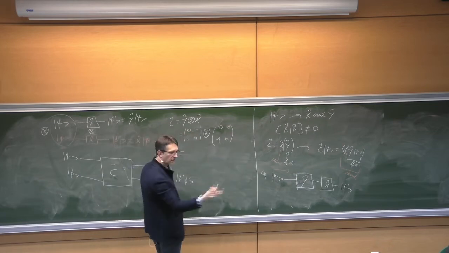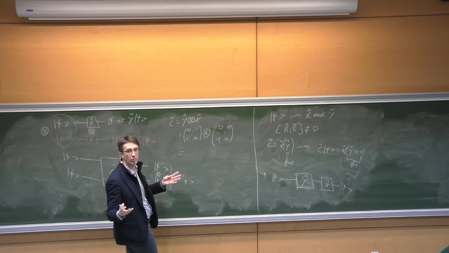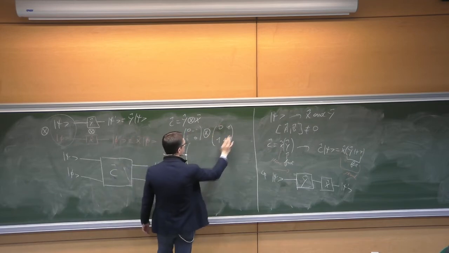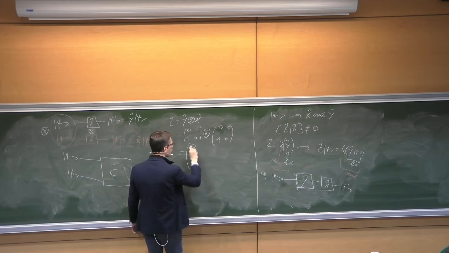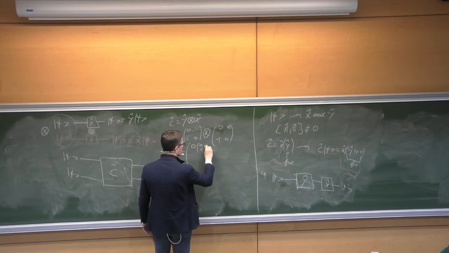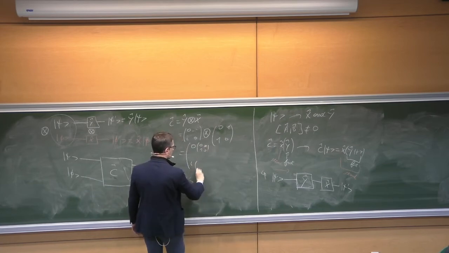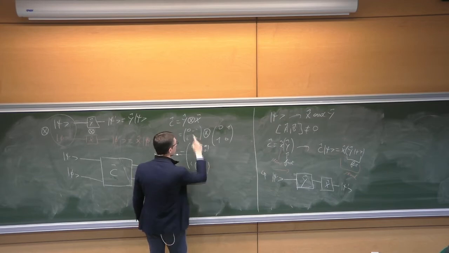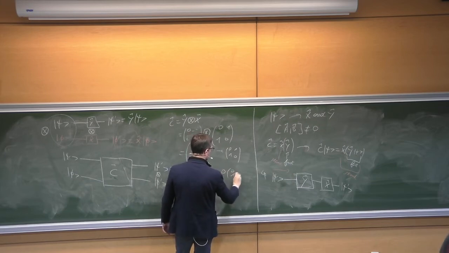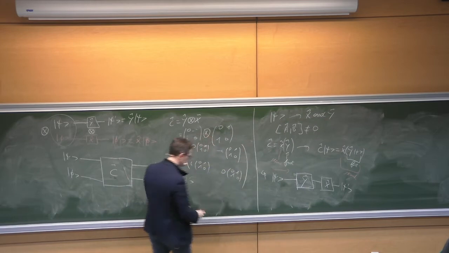If I develop it, I'm going to have a 4 by 4 matrix now. I have 4 blocks, each with 2 by 2 terms: 0 times 0, 1, 1, 0; minus i times 0, 1, 1, 0; i times 0, 1, 1, 0; and then 0 times 0, 1, 1, 0.